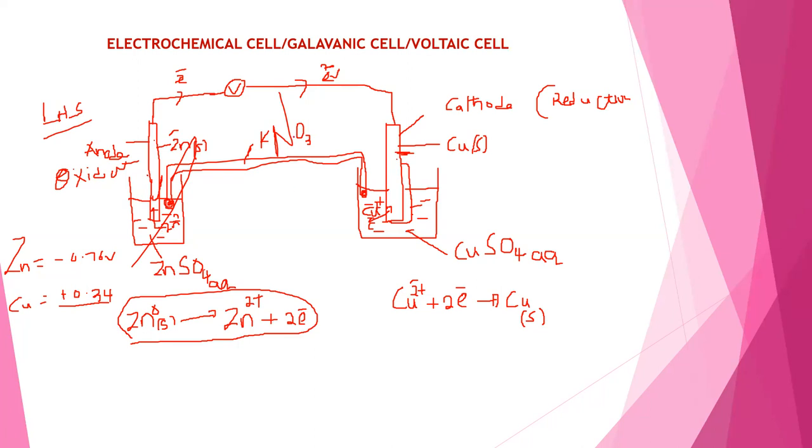So in this case, the cations, which are positively charged, will be attracted to the cathode, and the anions will be attracted to the anode.